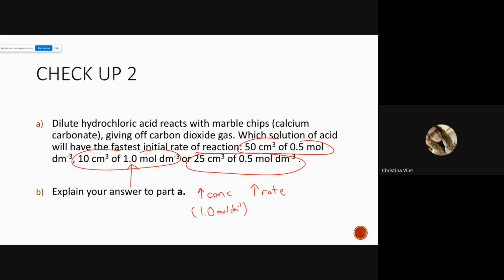The volume is irrelevant, actually. That's there to trick you. You would literally just be looking for the highest concentration. That gives you the highest rate. So the answer is the one with 1 molarity. That will give you the fastest reaction, fastest initial rate of reaction. It'll drop off as everything's reacted. But they said fastest initial rate of reaction, like what happens at the start.